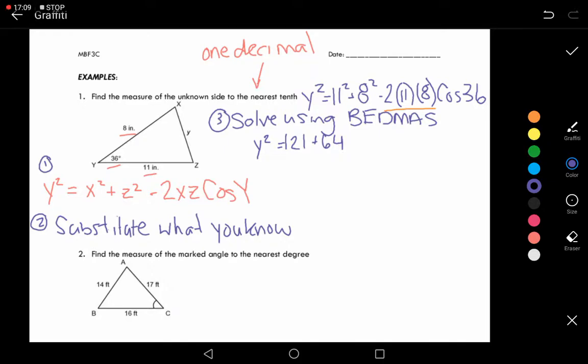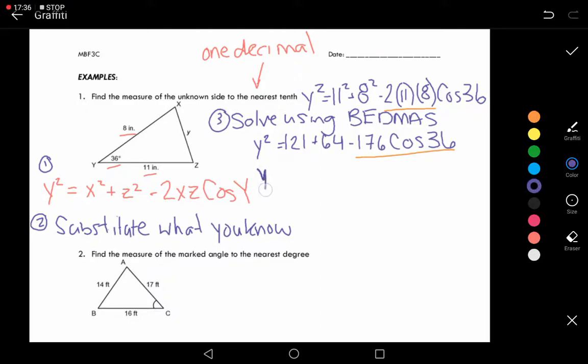I can do that multiplication that's underlined as well in this step. So I have negative 2 times 11 times 8. You can type that in across your calculator. You're going to get negative 176. And that is all multiplied by that cos 36. Okay, so this here is still multiplication, so we can't do that addition yet.